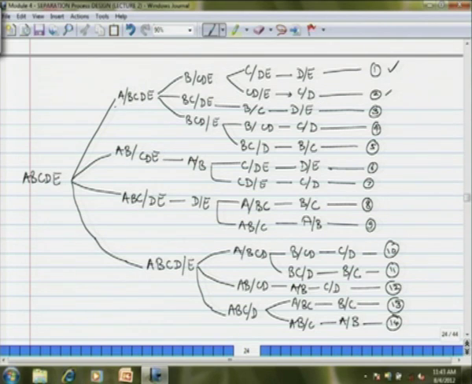Then after removal of A, you have another choice of splitting the quaternary mixture in indirect sequence, like BCD together taken off as the top product, E, the heaviest component, taken off as the bottom product, and then the mixture BCD is split again in direct and indirect sequence.